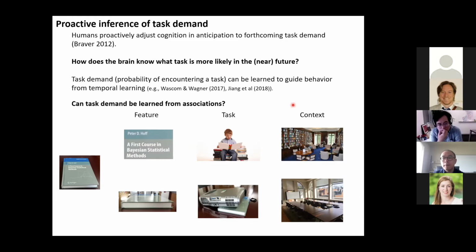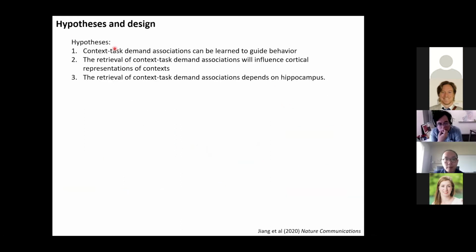More specifically, we have three hypotheses here. The first hypothesis is a behavioral hypothesis: that human beings are able to learn those associations and also retrieve them to guide their behavior.